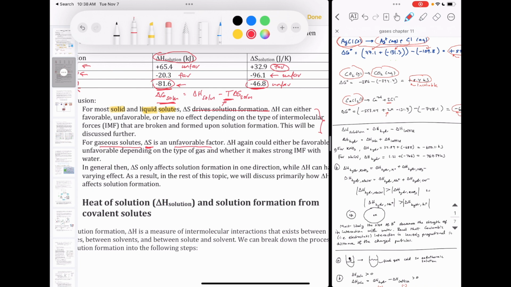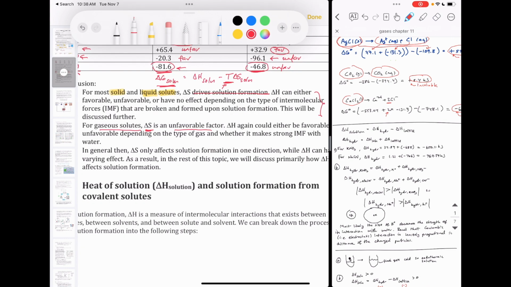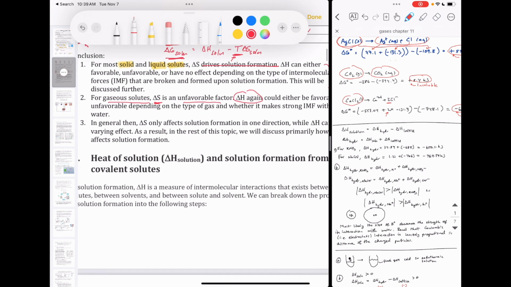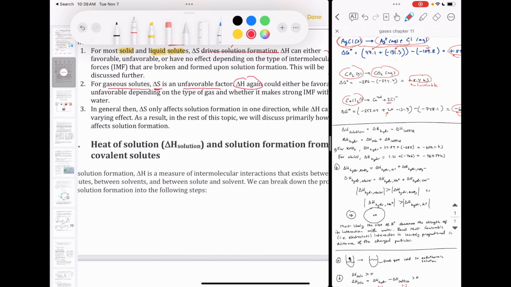And again, it makes sense because you're going from a gas to an aqueous state, the gas being a higher entropy state. So you're losing entropy in that case, which makes it an unfavorable situation. Sometimes the delta H would be able to compensate for that unfavorable situation. Sometimes it wouldn't. So it depends on the specific type of gas that we're looking at. And we'll look some more at that later on.